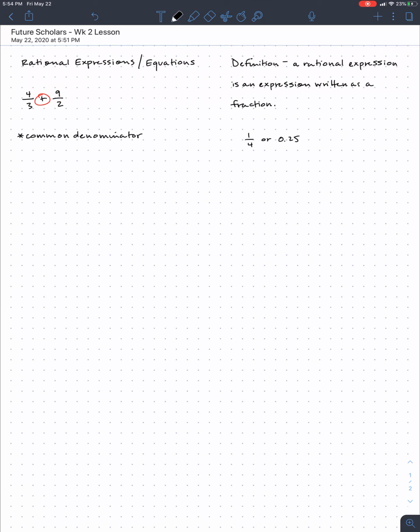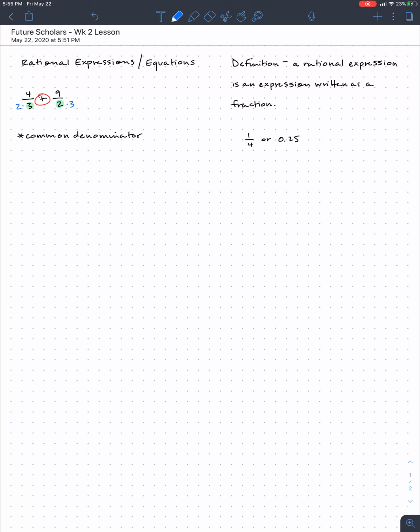Okay, I need a common denominator. So what I notice is that this denominator has a 3, this denominator has a 2. In order to get them in common, I need a 3 over here and a 2 over here, right? So that way they both have the same common denominator.